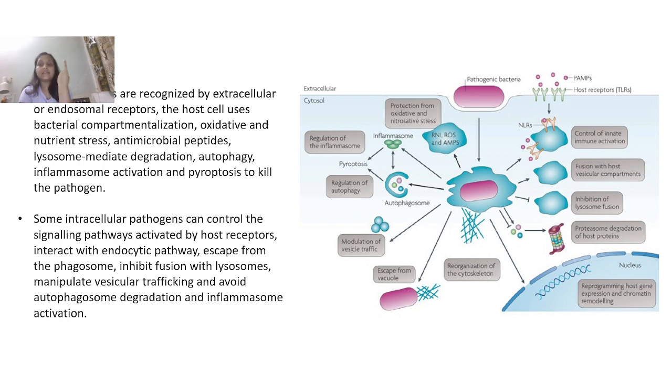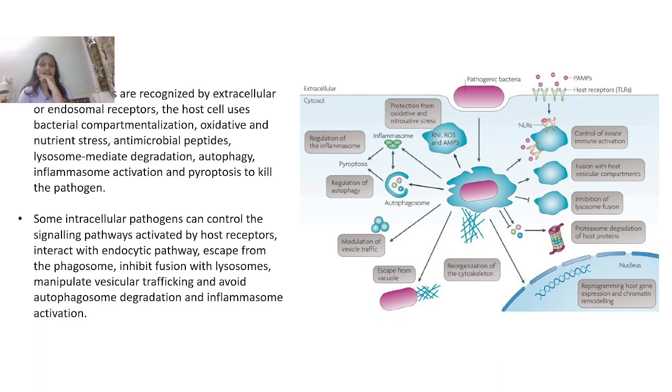For example, it can degrade the host proteins, it can inhibit lysosome fusion, it can fuse with the host vesicular compartment, it can control our immune system, it can reprogram our host gene expression and chromatin remodeling. So it controls different kinds of processes in our body so that our system also cannot go and remove the bacteria from the cell.